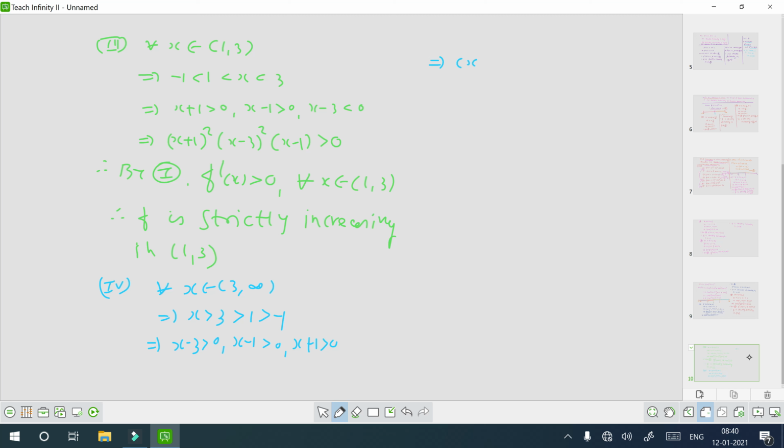And this implies (x plus 1) whole square, (x minus 3) whole square, (x minus 1) greater than 0. And therefore by 1, f dash x is greater than 0 for all x belongs to 3 to infinity. And therefore f is strictly increasing in 3 to infinity.